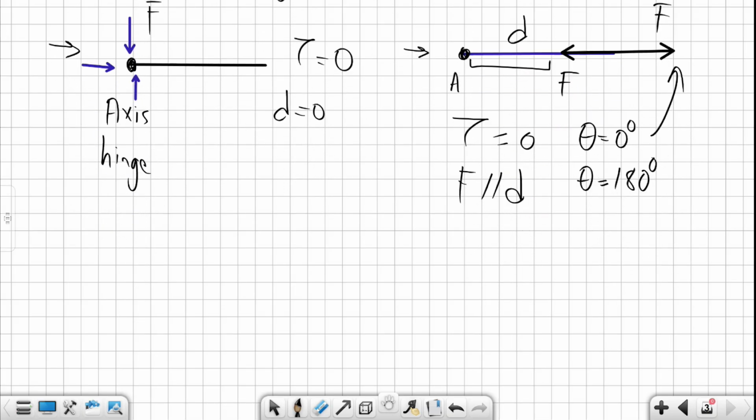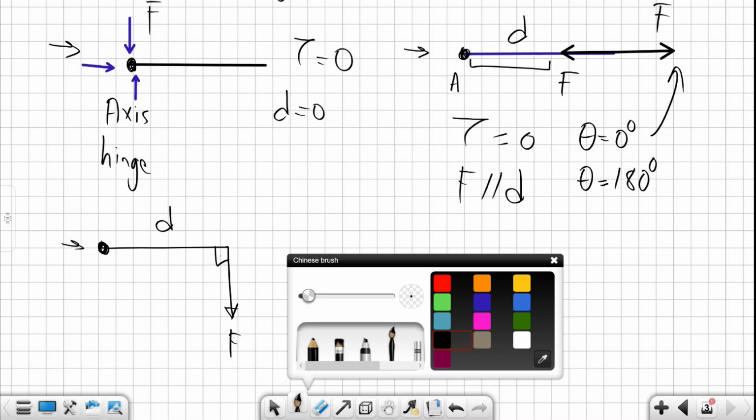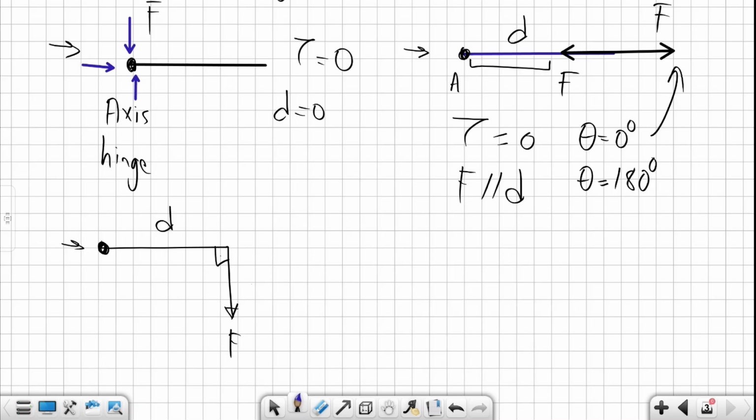So I need to apply this force at a distance, and the force must be perpendicular. Let's see if we can rotate it or not. If you apply a force perpendicular to a distance, you can see that you can rotate it very, very easily.